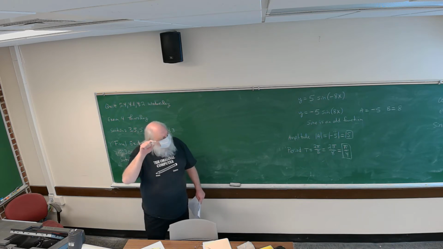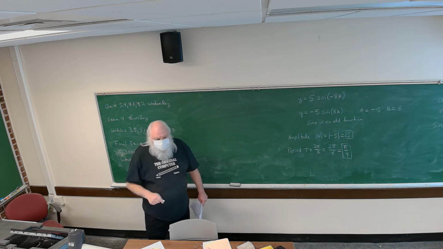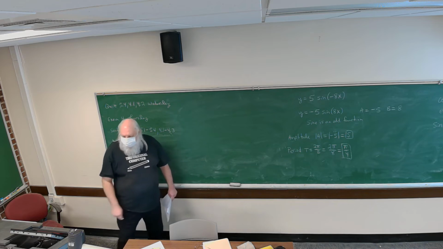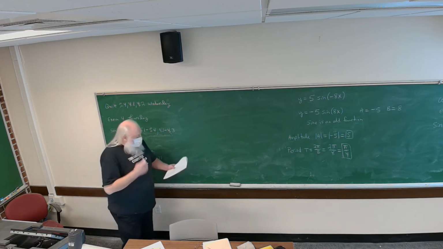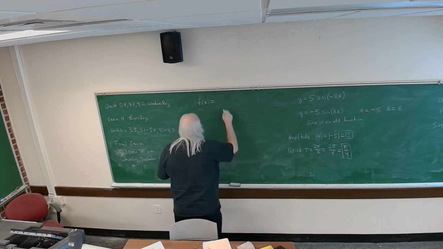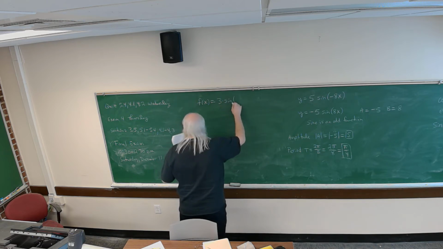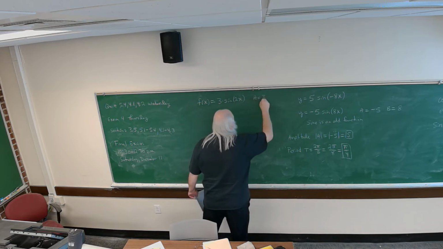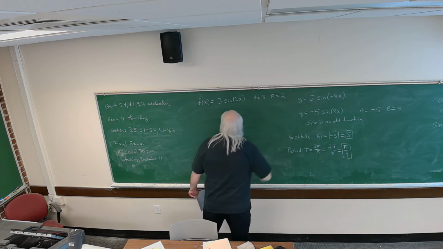And we're talking about the highest point on the graph, which we call local maximum, the top of a hill, and the lowest point on the graph, which we call local minimum, which is the bottom of the hill. Okay. So our function is f of x is equal to 3 times the sine of 2x. So A is equal to 3, B is equal to 2.